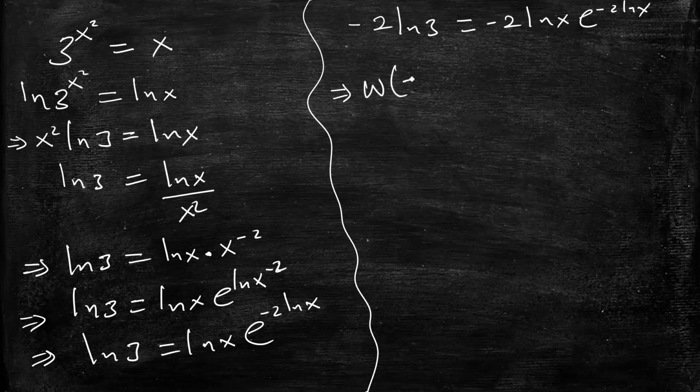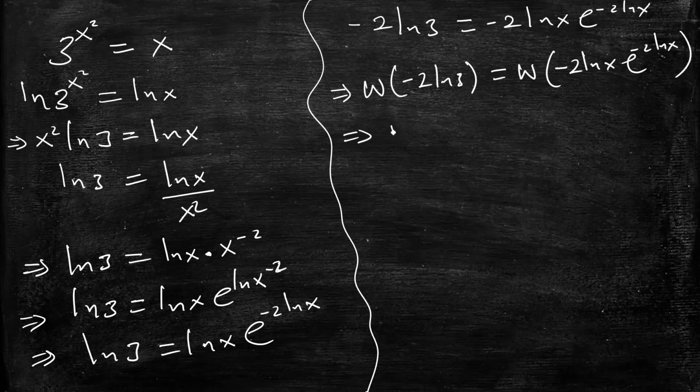Let's go ahead and take the Lambert W function. The W function of that equals, since it is something times e raised to the same thing, minus 2 ln of x.